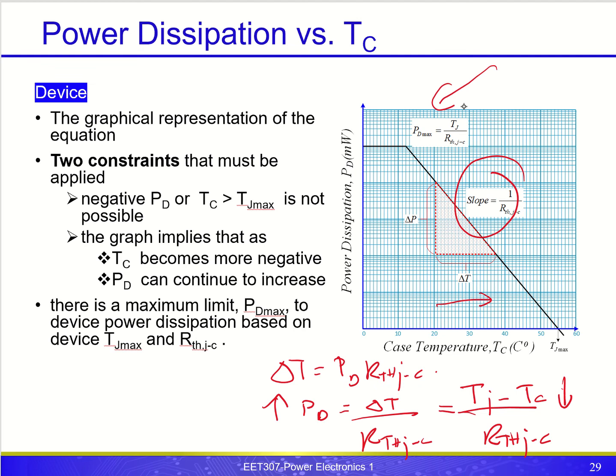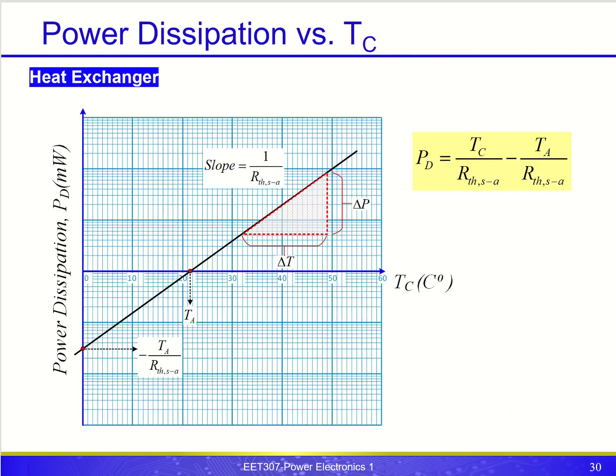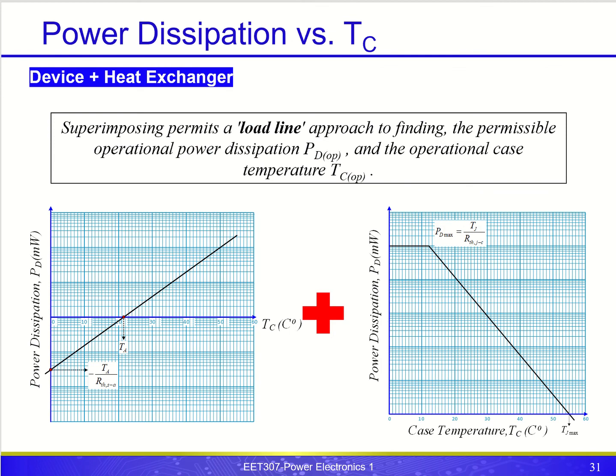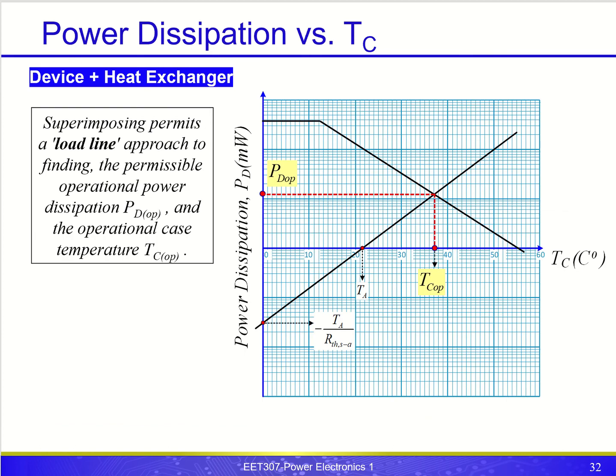According to this graph for the device, you can see the relationship between the PD and TC in this equation. For the heat exchanger, this is the equation, and you just follow this standard graph. Then they combine the device and heat exchanger into this graph.